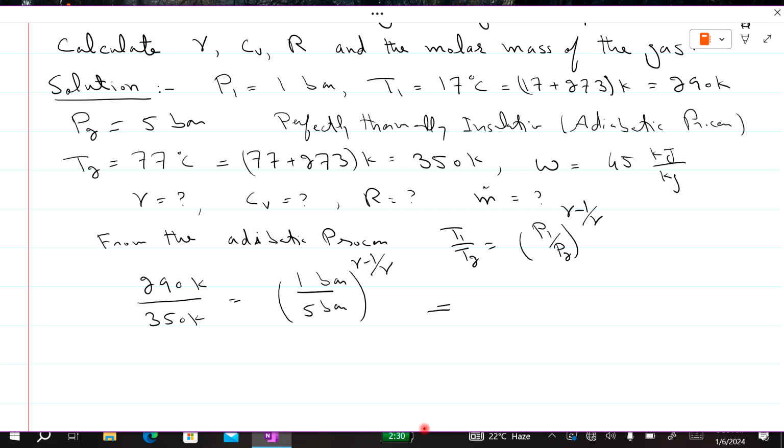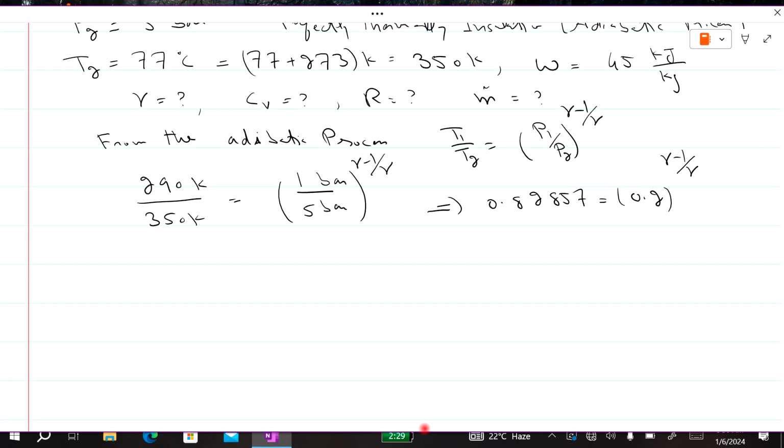So 290 divided by 350 is equal to 0.82857, which is equal to 1 divided by 5, that is 0.2, to the power gamma minus 1 divided by gamma. Gamma minus 1 divided by gamma is an unknown exponent.